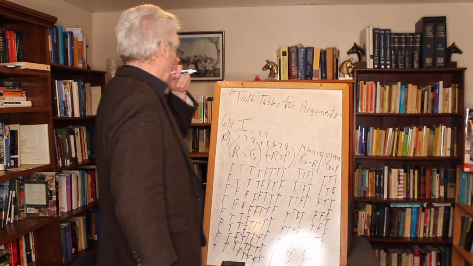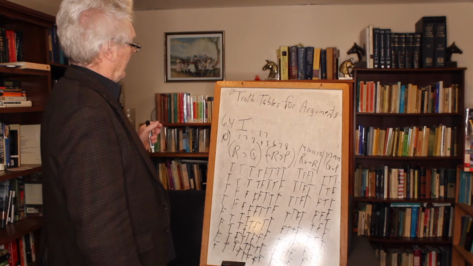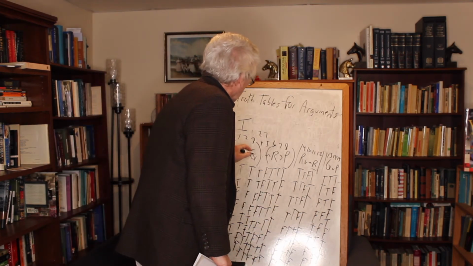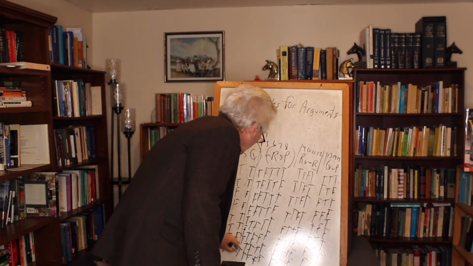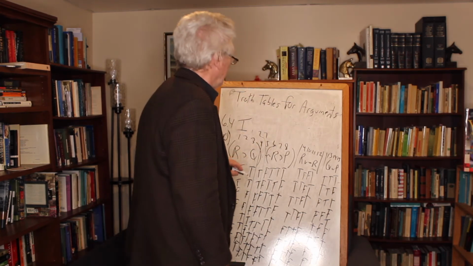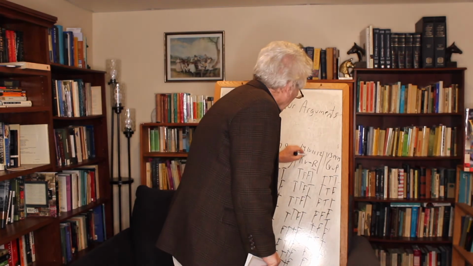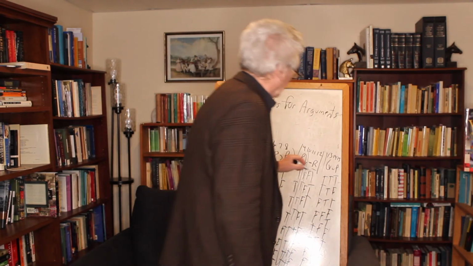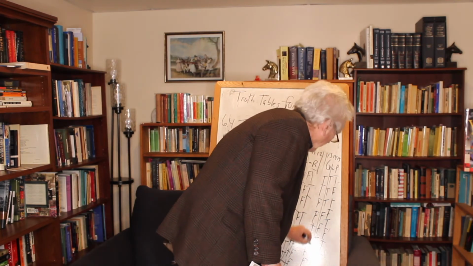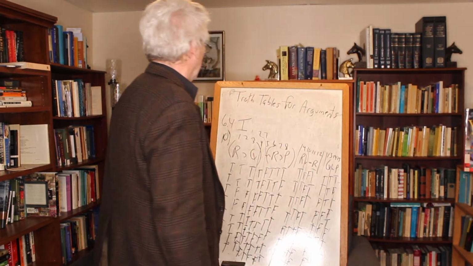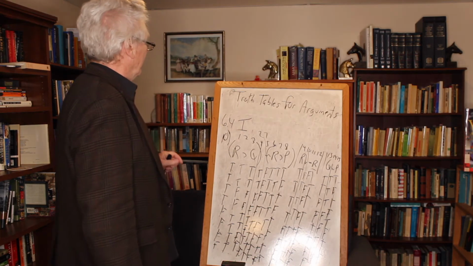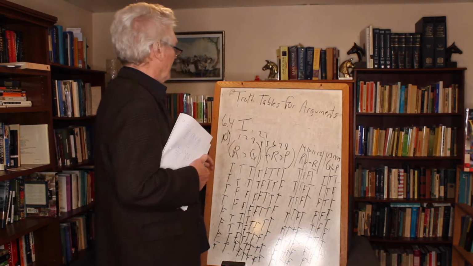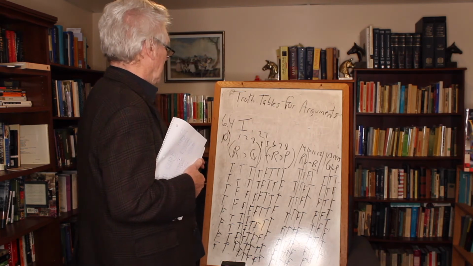Okay, so what we're looking for here is two true premises and a false conclusion, as before. So we're going to look to column 4, the main operator of the first premise, column 10, the main operator of the second premise, and then column 14, the main operator of the conclusion. And again, what you're looking for is two truths in the premises and a false conclusion on some one row.